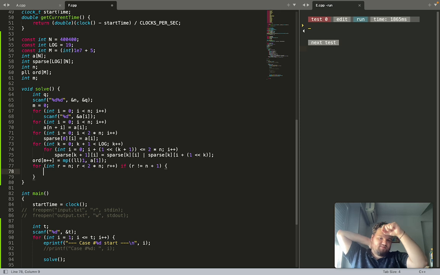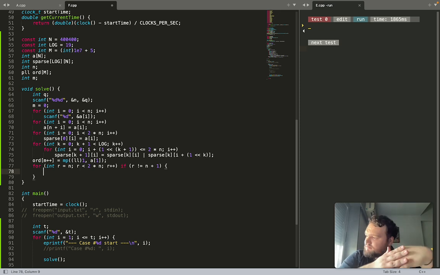Like increasing length, moving the left border to the left.